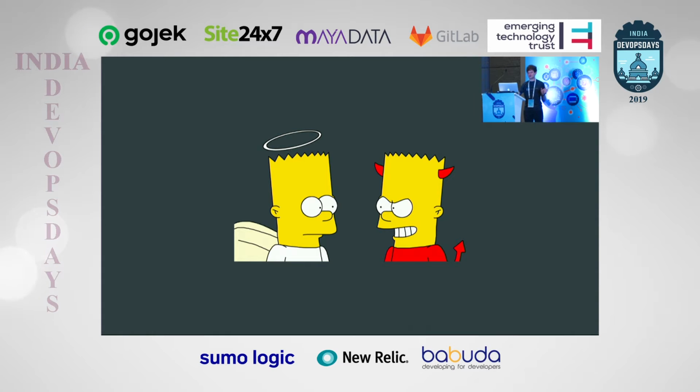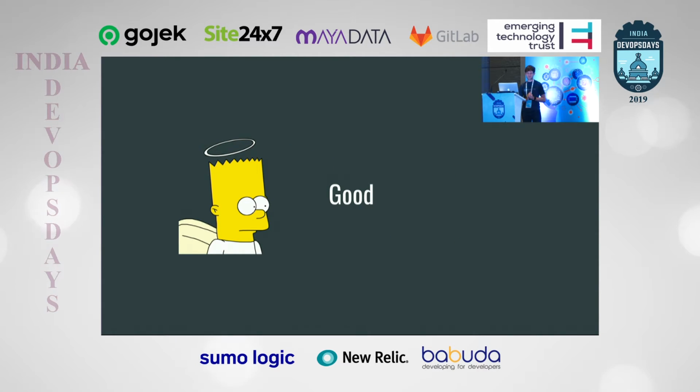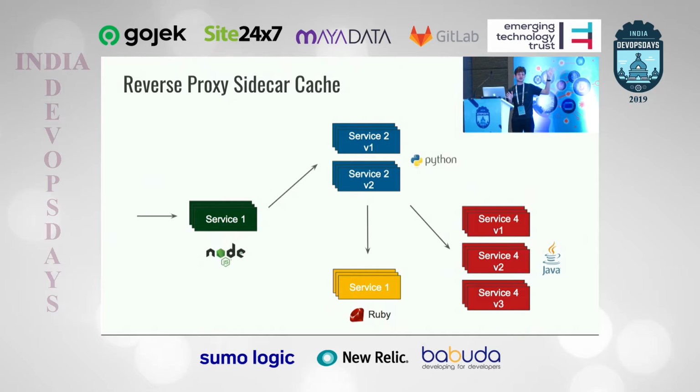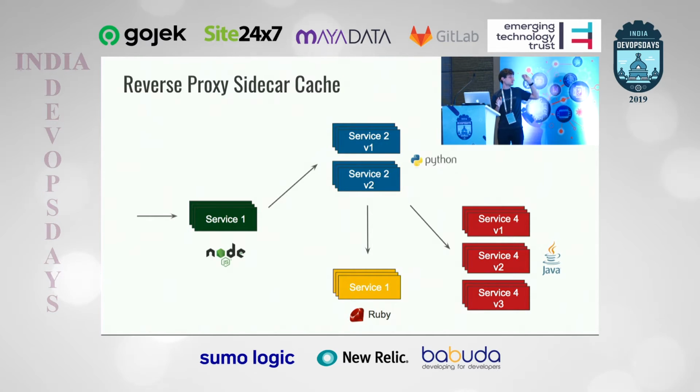Let's start with the good things. You remember we started our presentation with this diagram. This diagram is an example of a simple microservice system. There are a lot of microservices that can be written in different programming languages, in different versions, and so on. Now we can look at the architecture and introduce a caching layer. Let's say we would like caching on these two services.